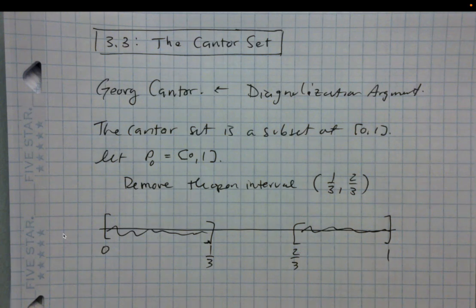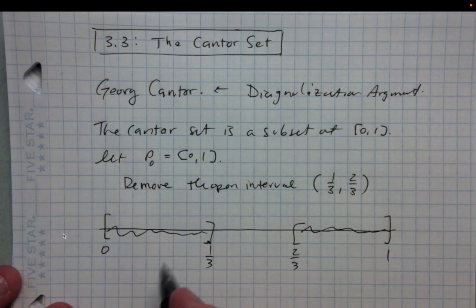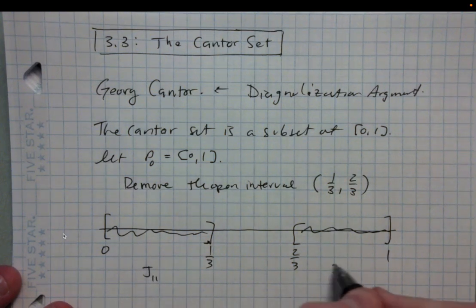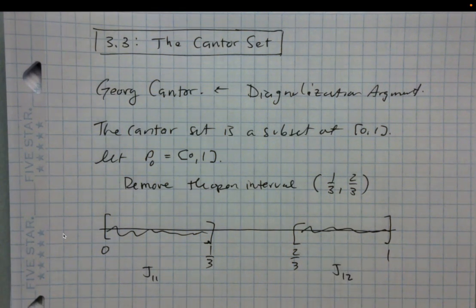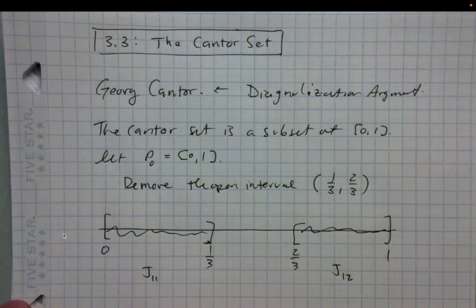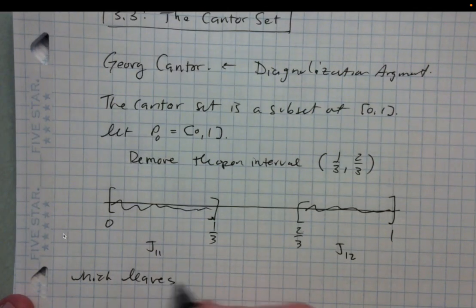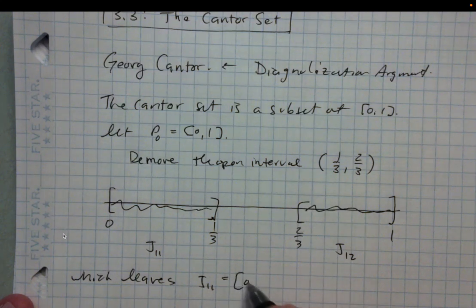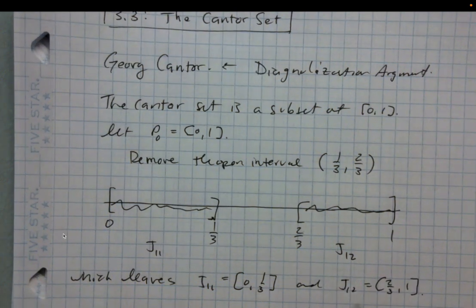We're going to label these J11 and J12, the first index being the first iteration, and the second one telling you which side you're on. So this leaves J11 equal to [0, 1/3], and J12 equal to [2/3, 1]. These are closed.